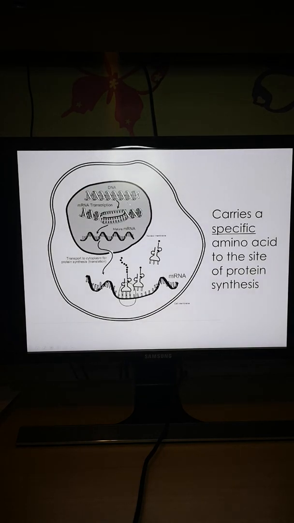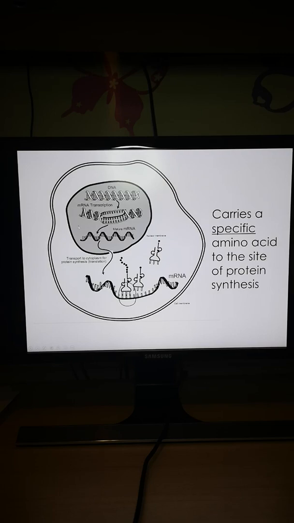Its job in this whole process of protein synthesis is it carries a specific amino acid to the site of protein synthesis. So here's a kind of overview of the process we're going to be learning about in topic 14. Here's our DNA with our genetic information. So here we've got the base sequence that codes for, it could be a protein or a functional RNA.